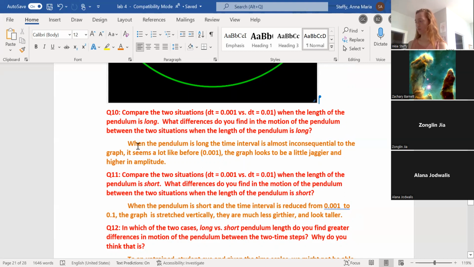But then also if the string is shorter, then I'm assuming the magnitude would be smaller. So then the time step would have a greater influence on the overall force, but I'm not sure if that's the same thing. Mhm. I think that would be the case.